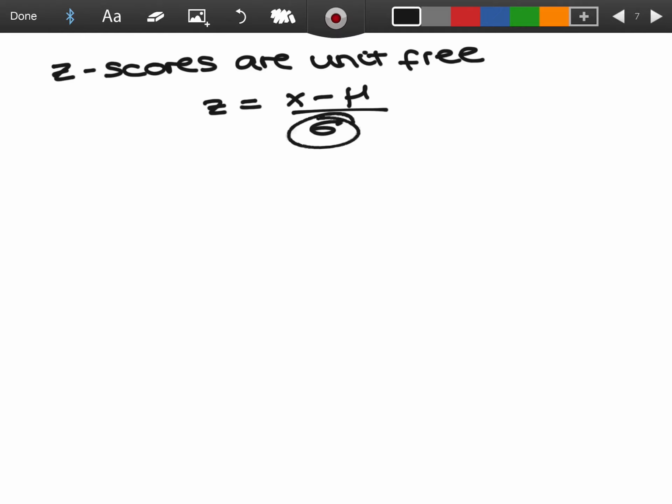So now we need to look at the difference between our data point and the mean. If your data point is above the mean, that means that x minus the mean is going to be positive. Then you're dividing by something that's positive. So if your data point is above the mean, the z-score will be positive.